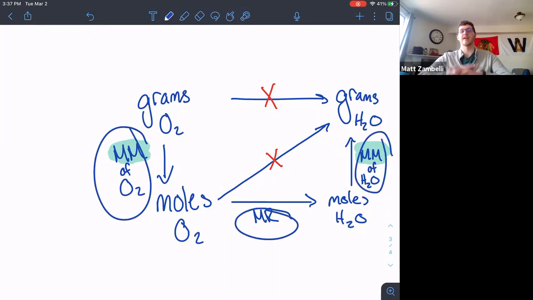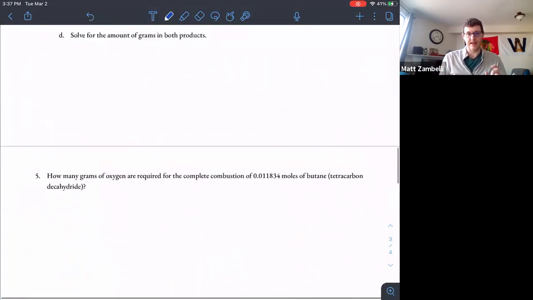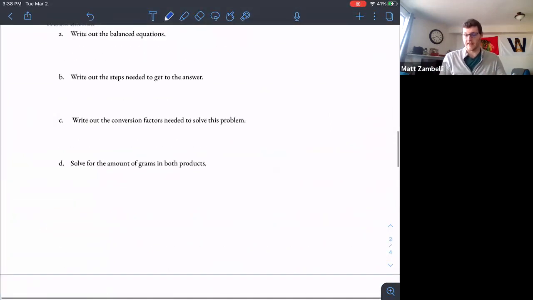Are we comfortable finding those types of information? Molar masses and mole ratios. All right, got a couple thumbs up again. Awesome. Do you guys want to do some practice on this worksheet together?